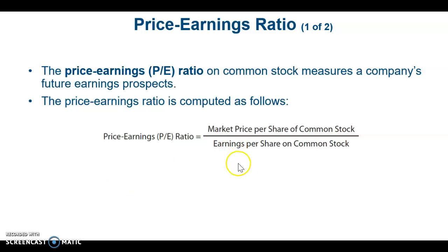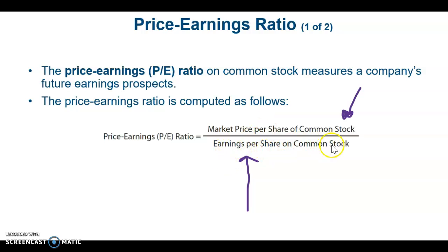Price earnings ratio. You're going to take the market price per share of common stock and divide it by the earnings per share. Earnings per share on common stock we just calculated. So remember, market price is the market value of the stock at that moment, which would be given to you.